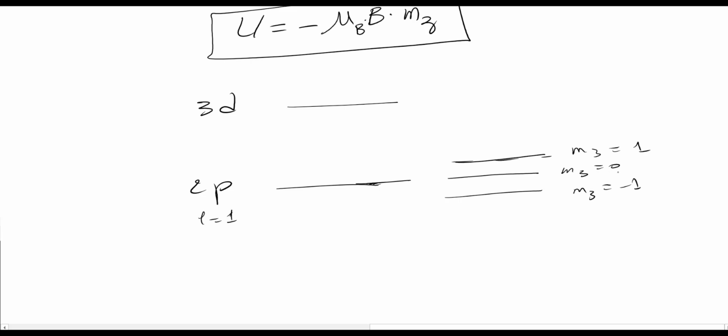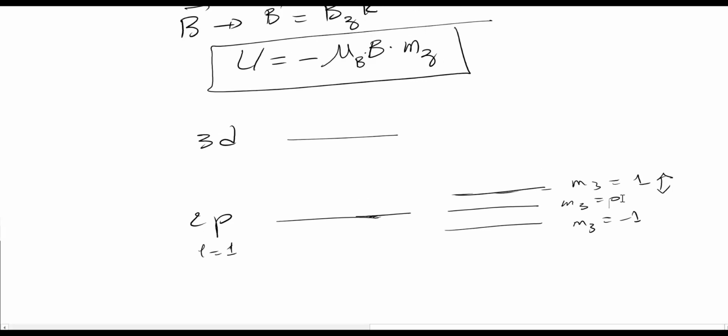Both of them will give you a slight shift in energy equal to mu B times 1 and negative mu B times 1. So it's this number that I'm looking at here. And mz can be positive or negative, so this number can be positive or negative. If I look, for example, at the 3D, it has several levels. I have 5 of them.